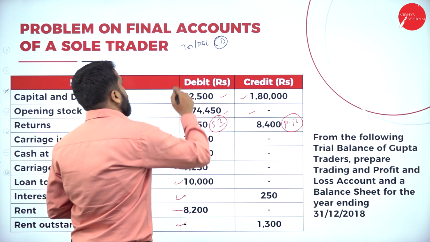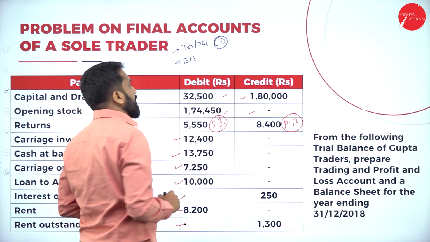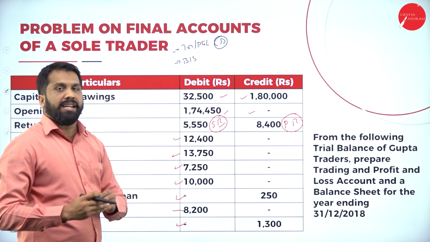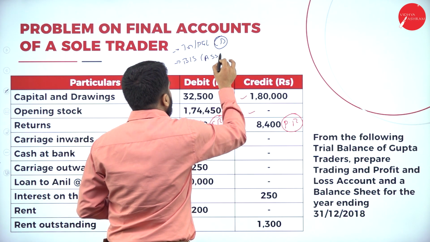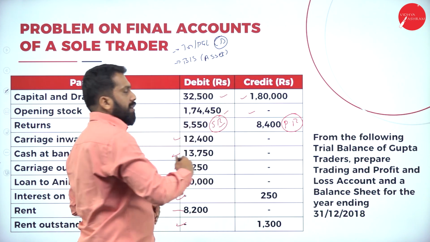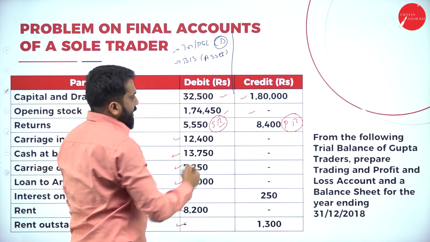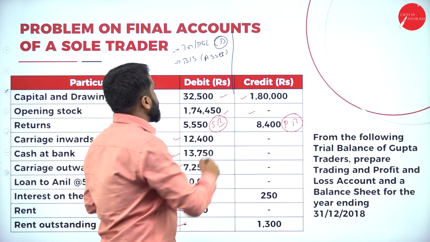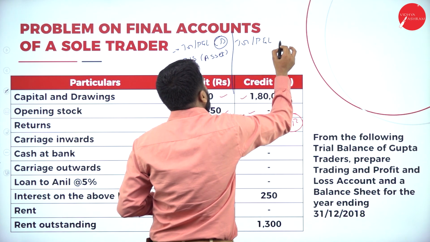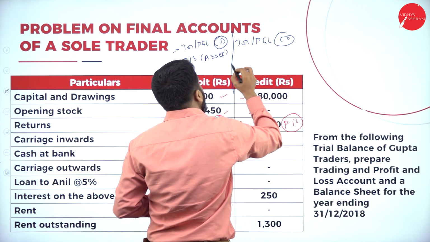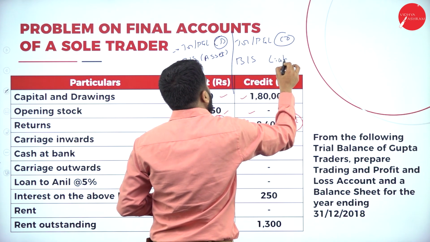Along with that, in case of the balance sheet, it will come under your asset side. Asset means your right side. Whatever is given in the credit side, the informations go to trading and P&L credit side, along with that, balance sheet liability.